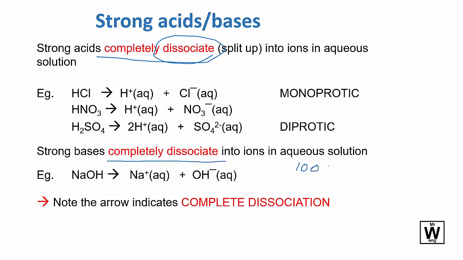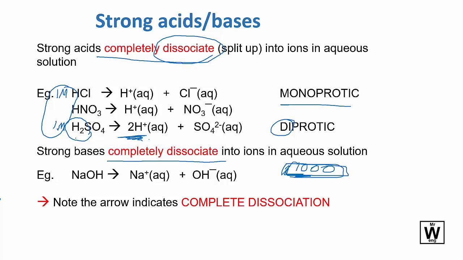There's also another term to know: di, which means two, and triprotic at the end, meaning there is more than one proton that comes off. So sulfuric acid will act as a stronger acid because it has double the amount of H pluses coming off, if they're both 1 molar concentrations.